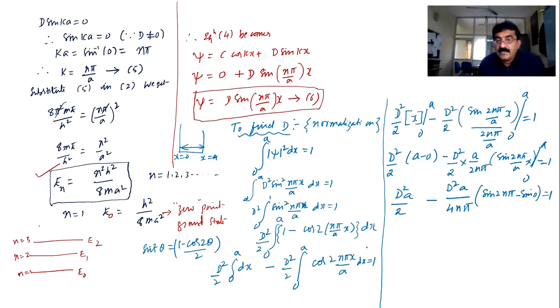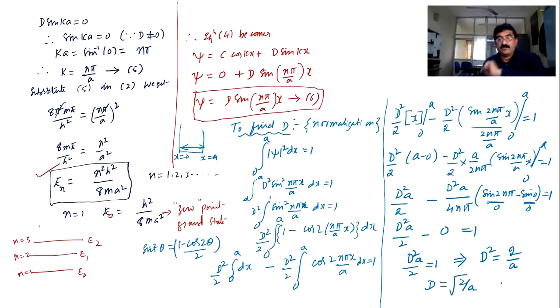That is D square a divided by 2 minus, look at this, sine 2 pi is 0, sine 0 is 0. So the whole second term becomes 0. Please try to convince yourself. So D square a by 2 equal to 1 implies D square is equal to 2 divided by a, so that D is equal to root of 2 divided by a.